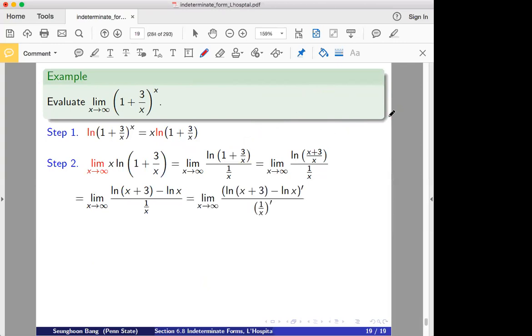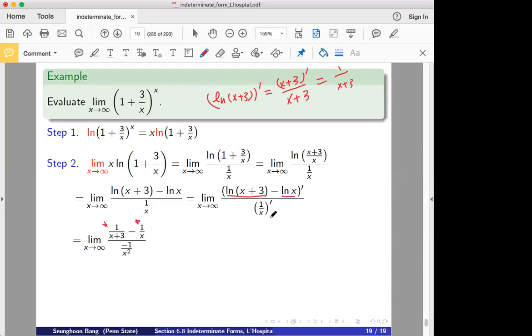Next, take the derivative. What is the derivative of ln of (x + 3)? It is (x + 3) prime over (x + 3), which is 1 over x + 3. The derivative of ln x is just 1 over x.